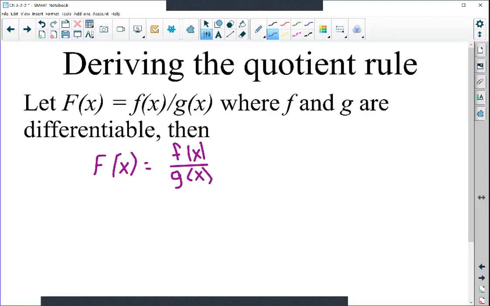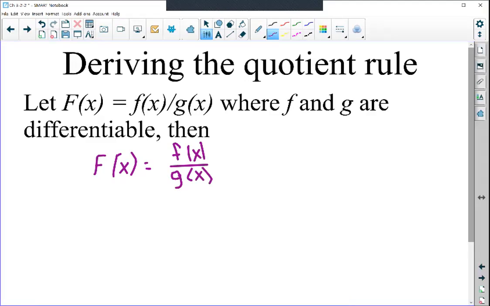We're going to derive how to get the derivative of the quotient. And we're going to do that by using what we know about the product rule. So the first thing I'm going to do is multiply both sides by g of x.